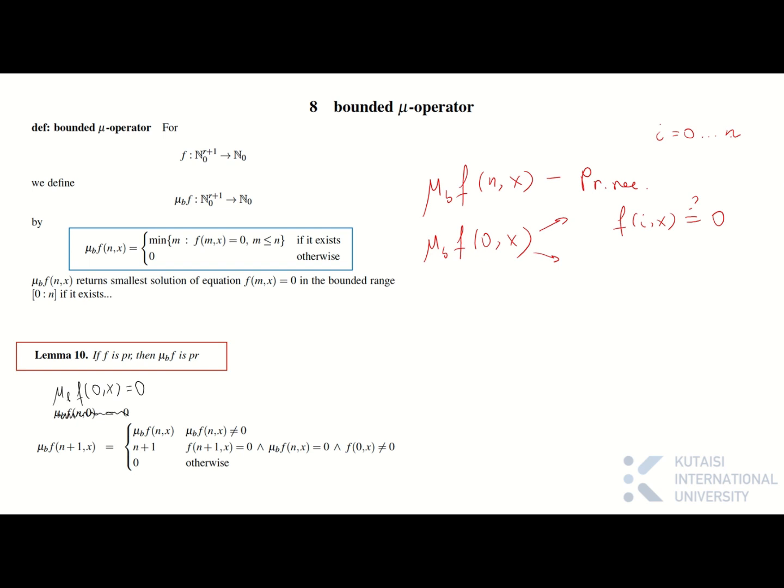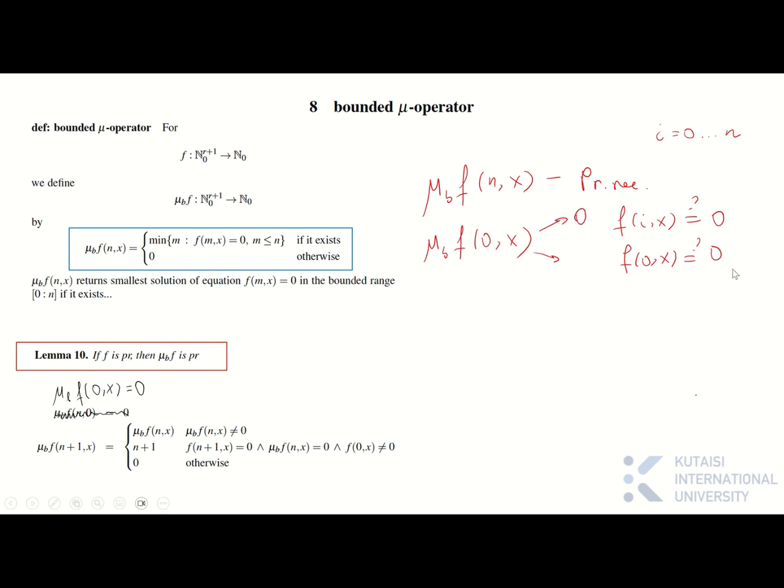But in our case, n is 0, so i goes from 0 to 0. So it will check: is f0x equal to 0? If it's equal to 0, it will return the i, so 0.